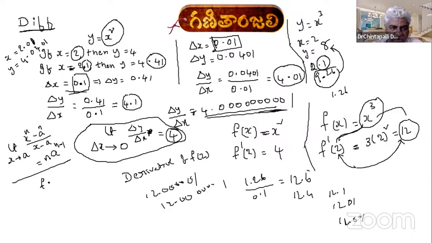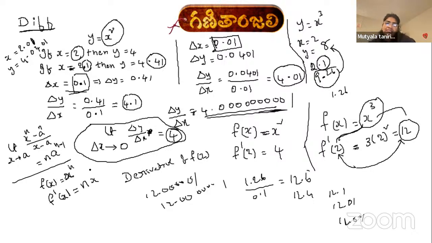Similarly, if f of x is equal to x power n, then f dash x is, same formula, n times x to the power of n minus 1. Use this formula for x cube.